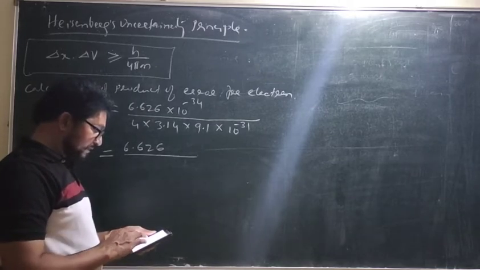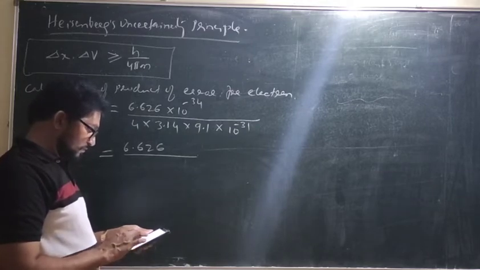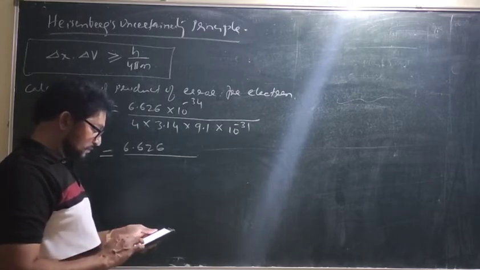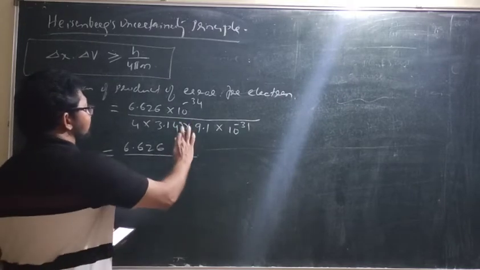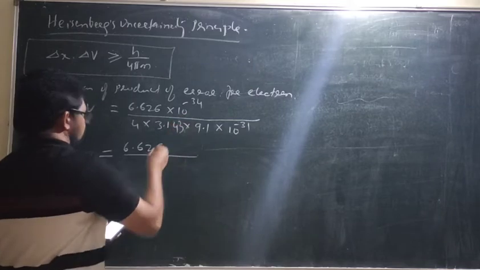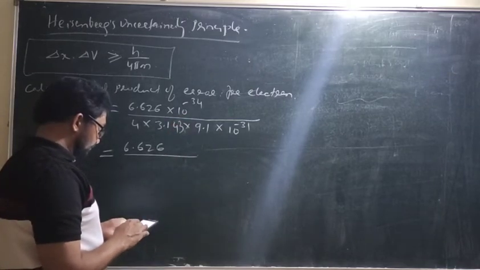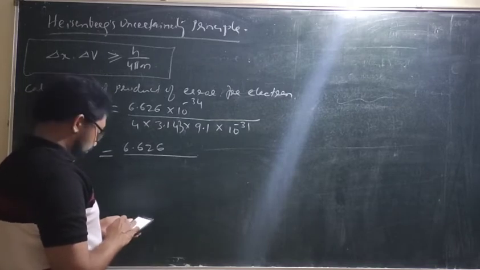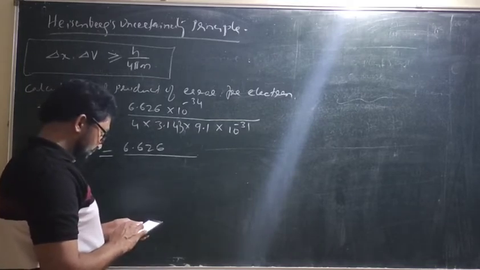What is the value of pi? 3.142, is it not? 3.143. So 3.143 into 4 into 9.1.